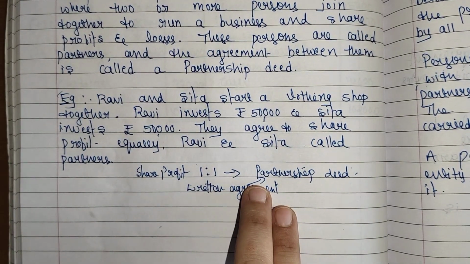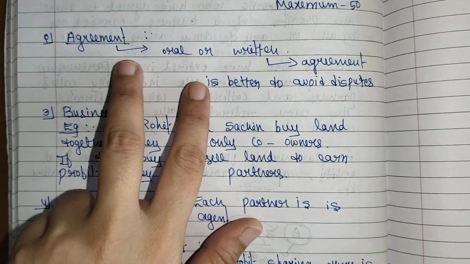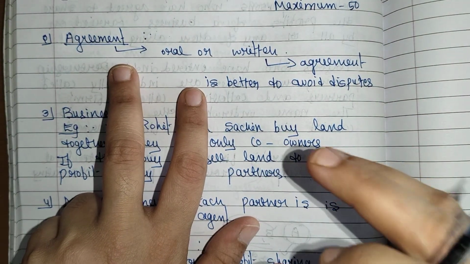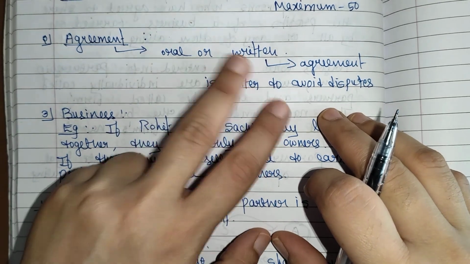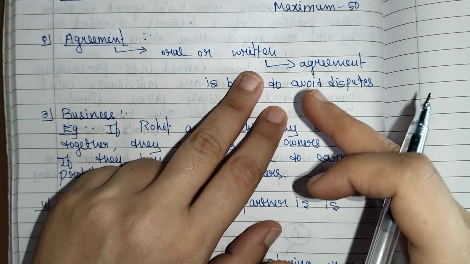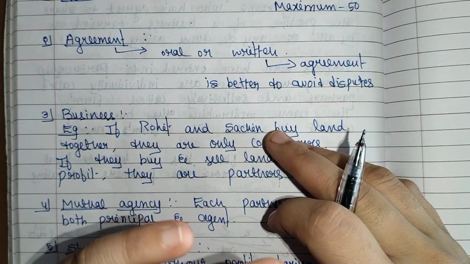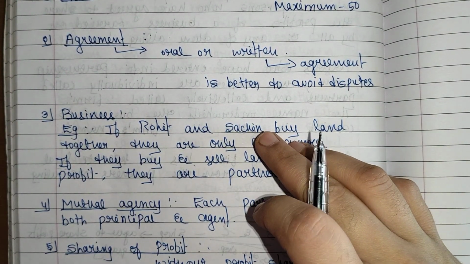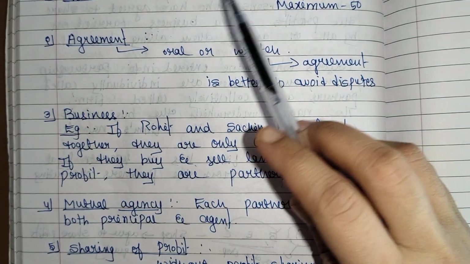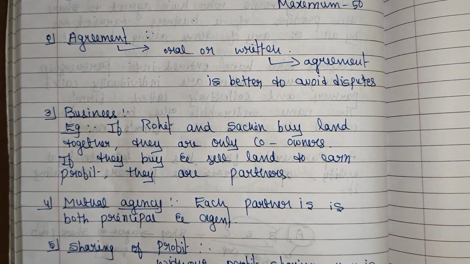This is a written agreement. So agreement is one of the features of a partnership firm. The agreement may be oral or written, but a written agreement is better to avoid disputes. Clear? First one is two or more persons and second one is agreement.